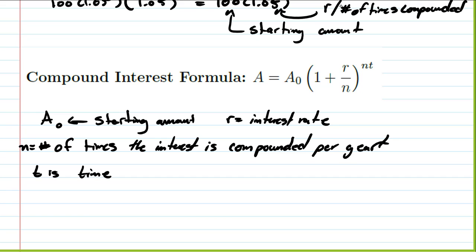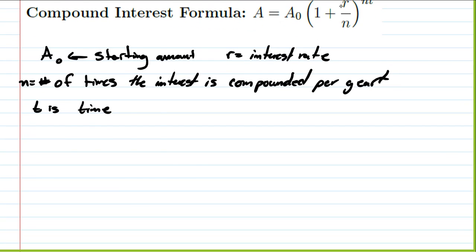So we can use this formula to calculate compound interest when we have a discrete number of times that it is being compounded. All right.